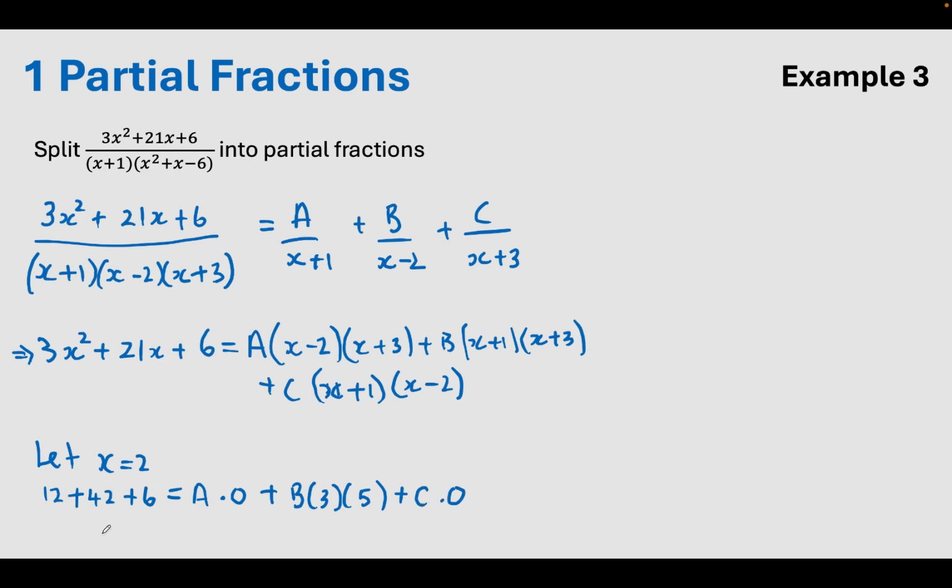So if I add these up, I get 60 equals 15b. So b must be equal to 4.